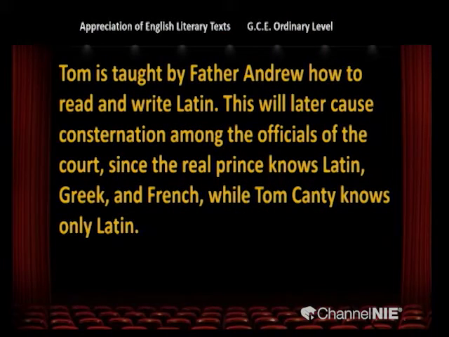Then Tom is taught by Father Andrew how to read and write Latin. This will later cause consternation among the officials of the court, since the real prince knows Latin, Greek and French, while Tom Canty knows only Latin.